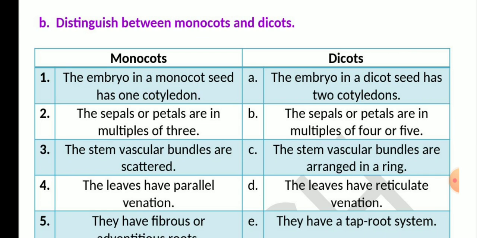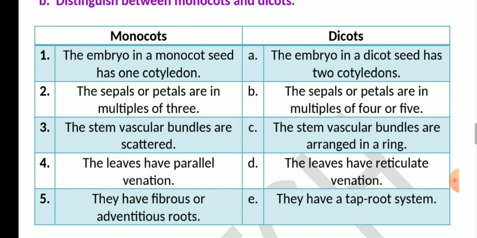Next question is, distinguish between monocots and dicots. Let us see the first point in monocots. The embryo in a monocot seed has one cotyledon, and the embryo in a dicot seed has two cotyledons. Do you remember this, children? Yes.